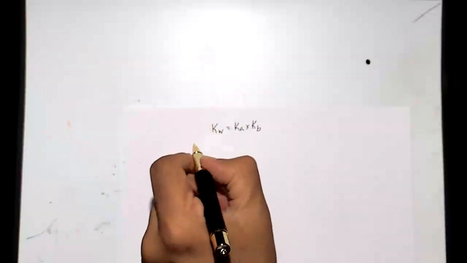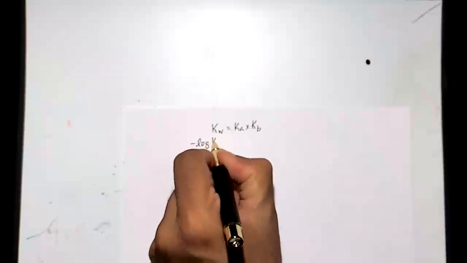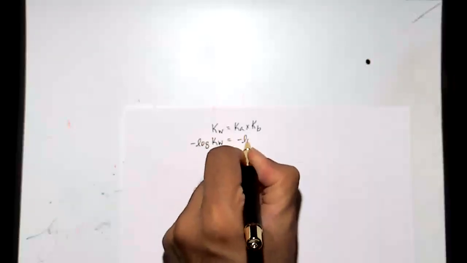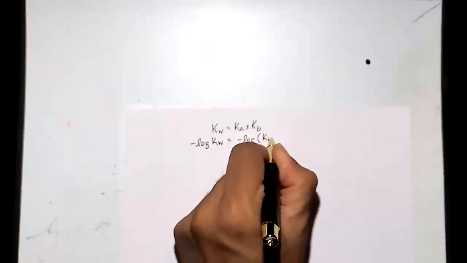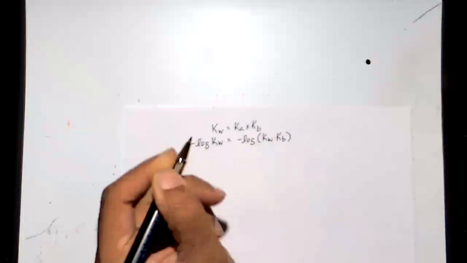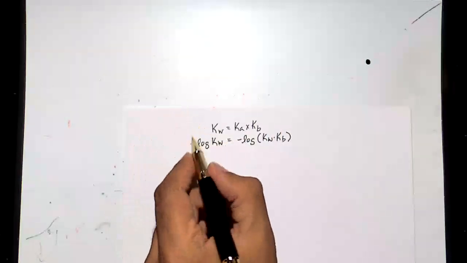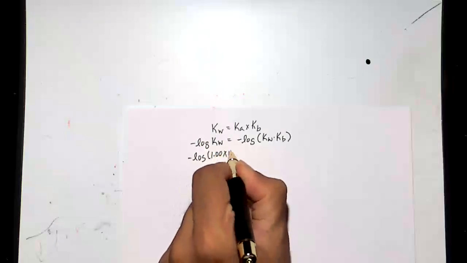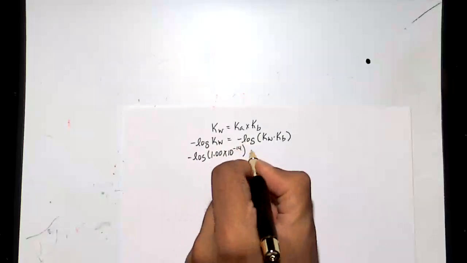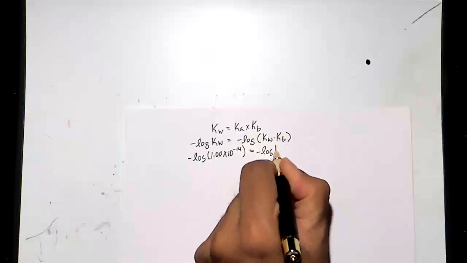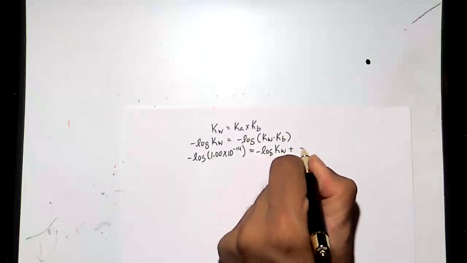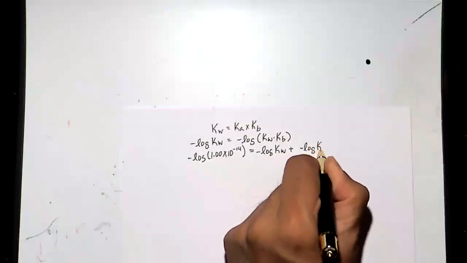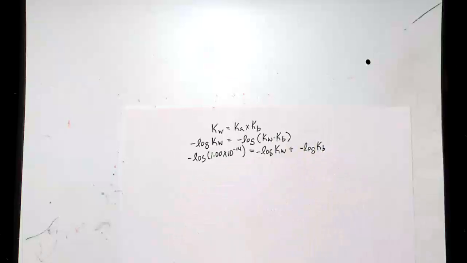If I take the minus log of both sides, minus log of Kw equals minus log of Ka times Kb. Minus the log of Kw, which is 1.00 times 10 to the minus 14, is equal to minus log of Ka plus minus log of Kb, because of the log rules.